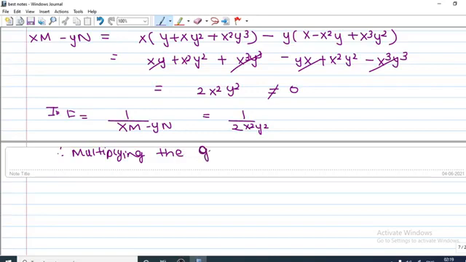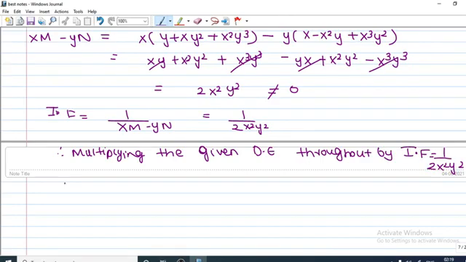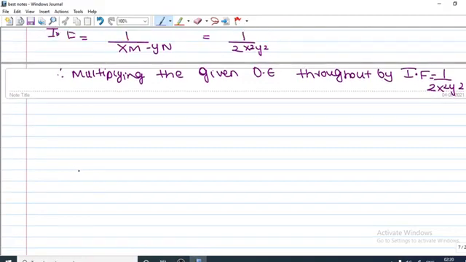So therefore multiplying the given differential equation throughout by the integrating factor 1 upon 2x square y square, what we are going to get? We are going to get an equation which is y plus x y square plus x square y cube.